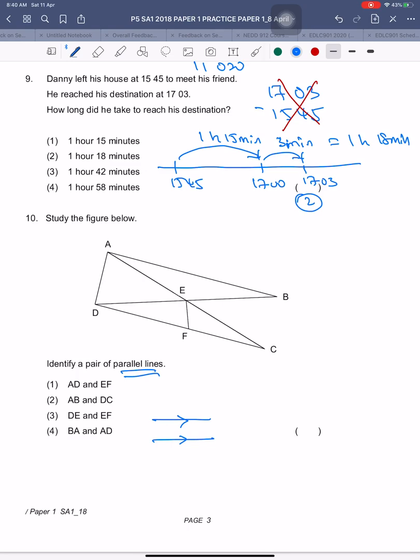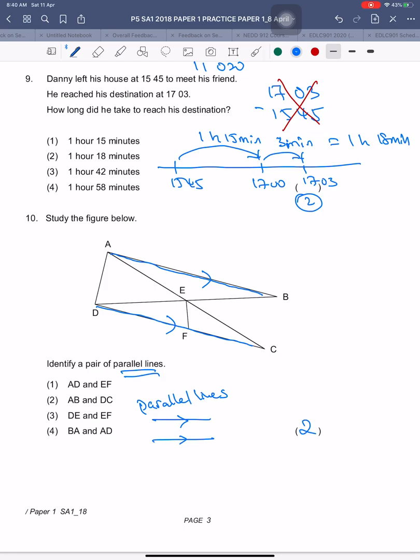These two lines will never meet. So that is parallel lines. Based on this, the answer will be number 2, AB, which is this line, and DC, which is this line. This is the pair of parallel lines. So answer is number 2.